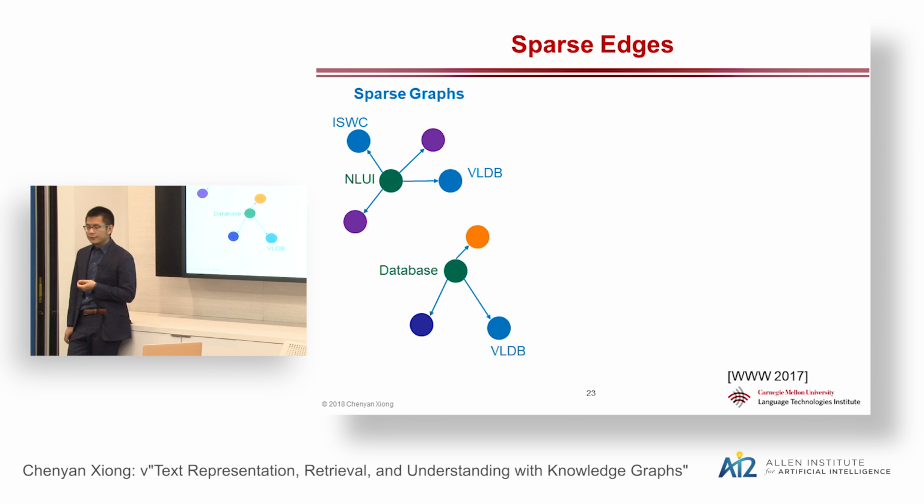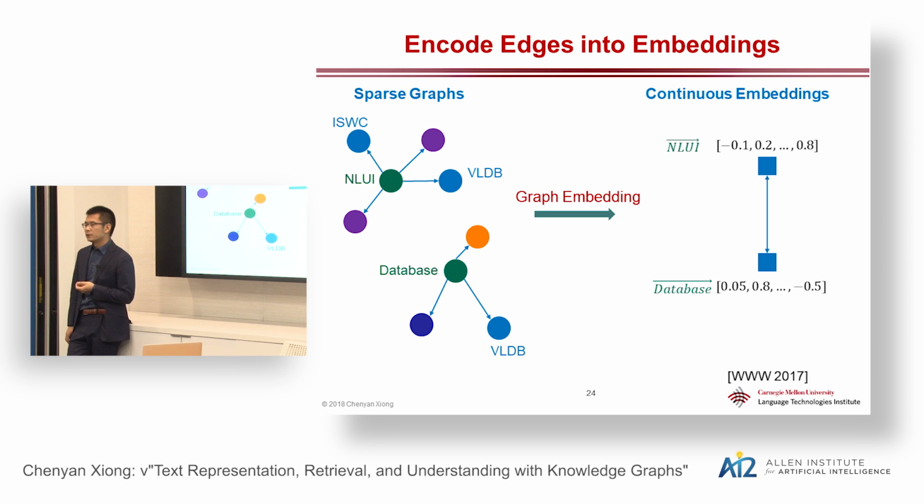So what is actually much more useful and easy to use is to use knowledge graph embeddings. So instead of using the raw graph edges or the random walk in the original graph, it is much more beneficial to train a graph embedding, say LINE or TransE embedding, or even skip-gram, using the edges to map all those surrounding neighborhoods of an entity as a continuous vector, the entity embeddings of them.